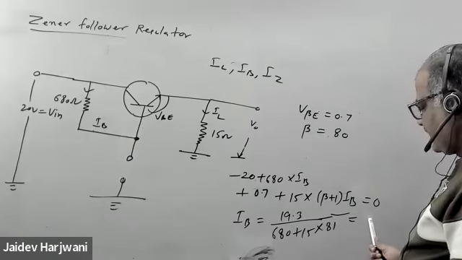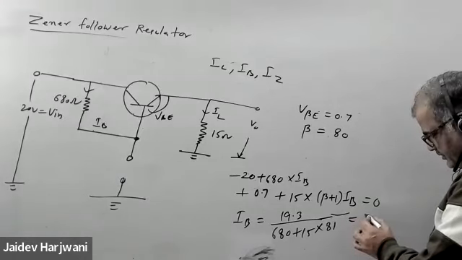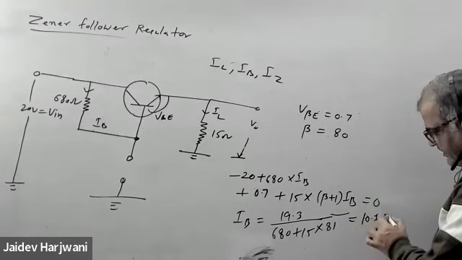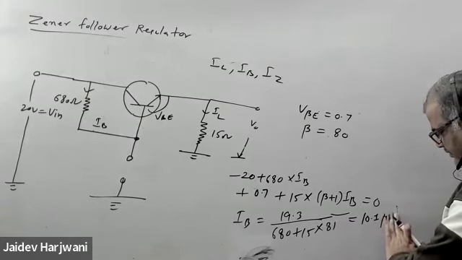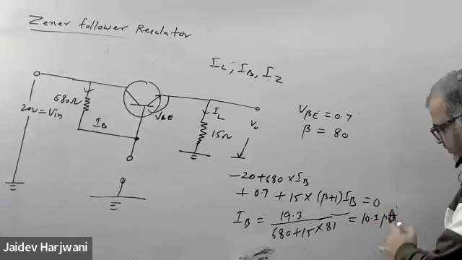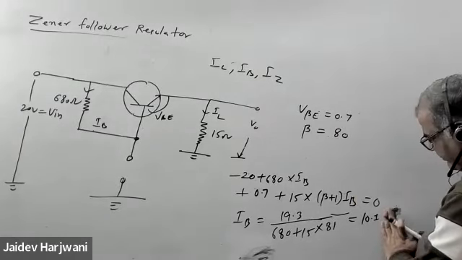So how much is IB? 10.1 microampere? Yes, sir, 10.1. Somebody else also check. Sir, milliampere. 10.1 milliampere.